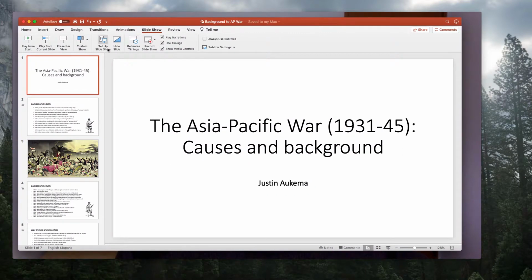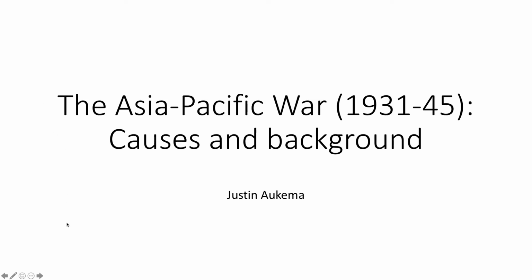So the Asia-Pacific War, 1931 to 1945, causes and background. I want to start in the early 19th century and really get to the beginnings of modern Japanese history and what can be called the growth of a proto-nationalist movement in response to the incursion of foreign ships, mainly Russian, English, and American, into Japanese waters.